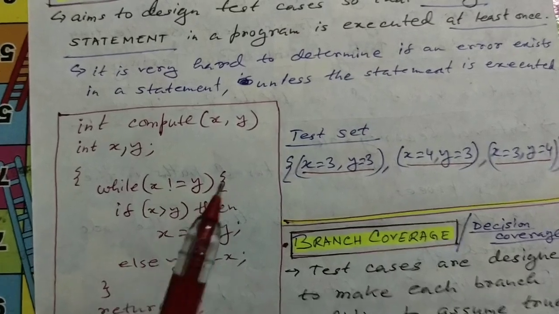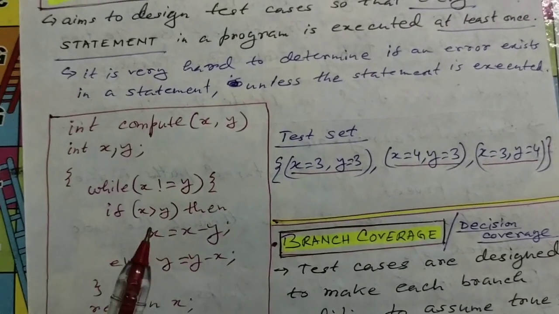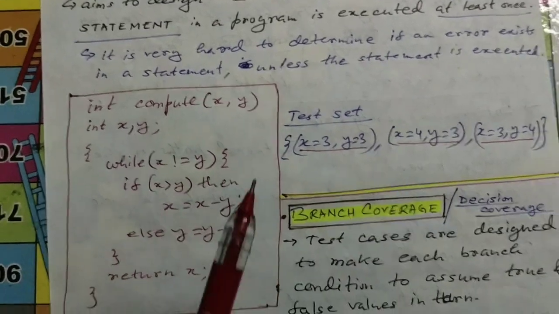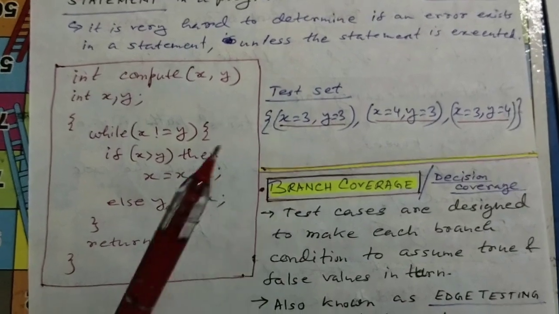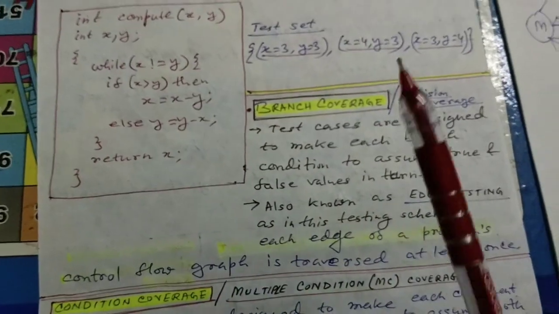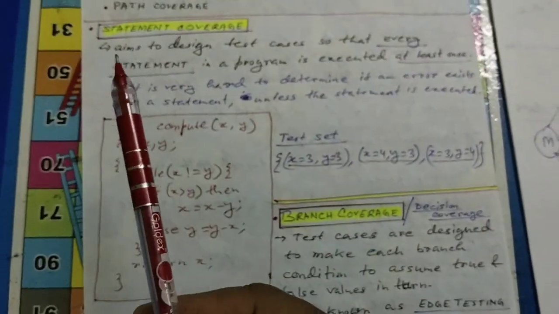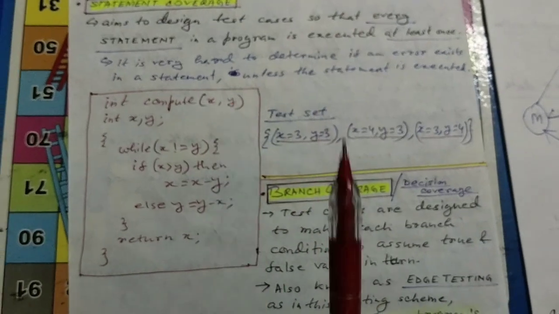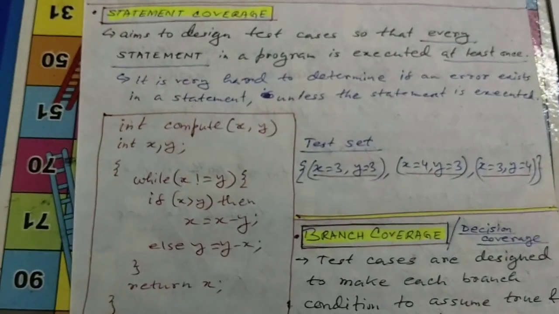Similarly x greater than y will also be checked with true and false values. And you can see if the conditions are covered, then all branches will also be covered. That's why condition coverage is stronger than branch coverage, and as branch coverage also covers statement coverage, branch coverage is stronger than statement coverage.